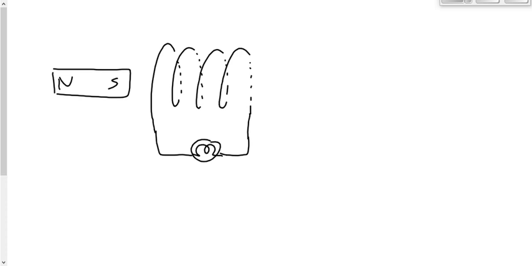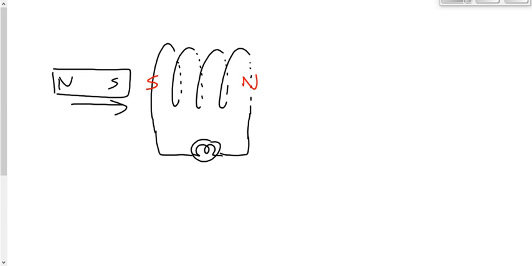So in other words, when I push this magnet closer to this coil of wire, it will develop a polarity that looks like this. Remember, when I push it, it generates a current. The current generates a magnetic field, and that magnetic field, along with the first one, has to oppose the motion.